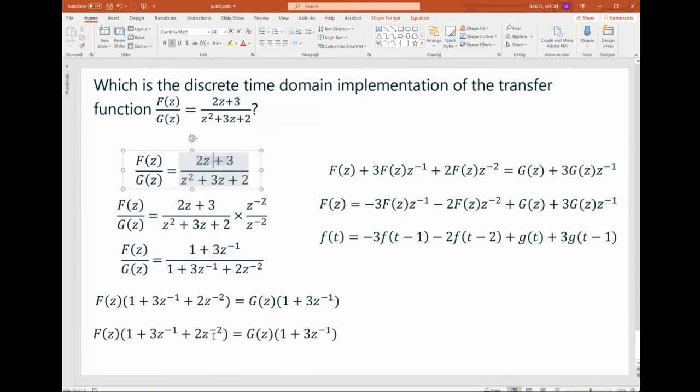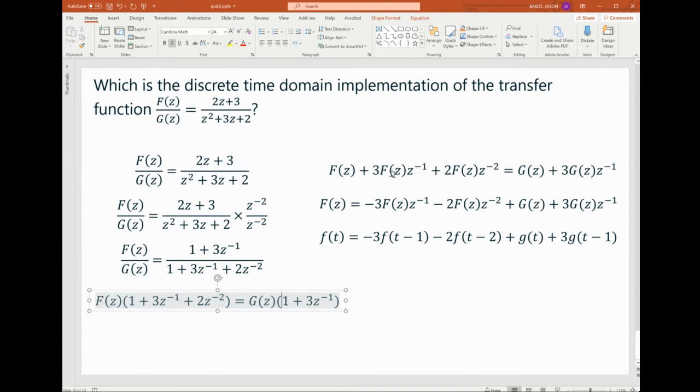And then I guess I didn't do anything here. I don't know why I have that. That's redundant. Okay, so then we multiply these guys out. So distribute f of z and g of z. So we end up with f of z plus 3 times f of z times z to the negative first power plus 2 f of z times z to the negative second power.